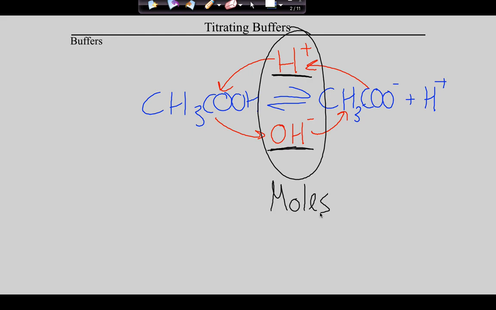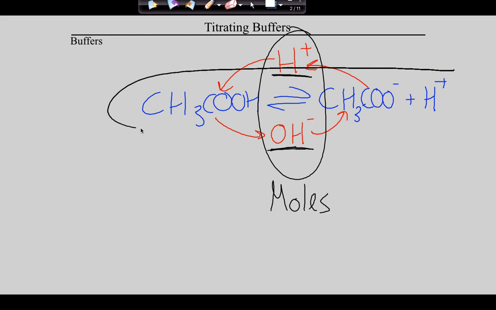They go to completion because they're strong. Guys, because these are strong acids and strong bases, and they don't play the equilibrium game. They play the I'm going to kill you game. And so, guys, this acid or this base is fully reacting. It goes to completion. It doesn't reach equilibrium. So that game has got to be played in moles.